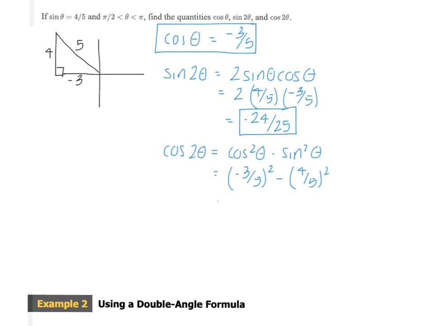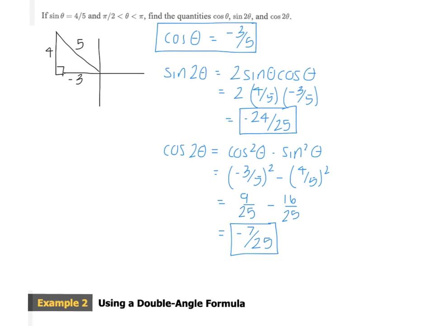So when you're solving this, I get this is positive 9/25 minus 16/25. So the double angle formula for cosine is actually -7/25. So it's really helpful to draw that picture. Make sure you know what quadrant you're in to know if your x or y value is positive or negative. And then you find your cosine and your sine from there.